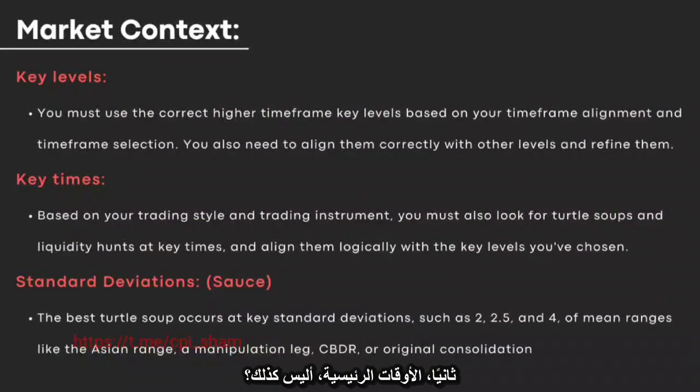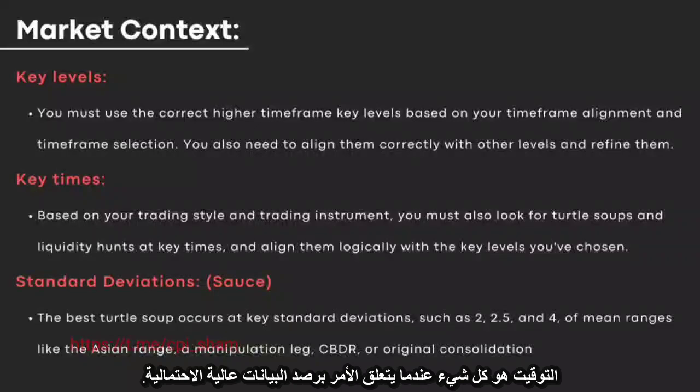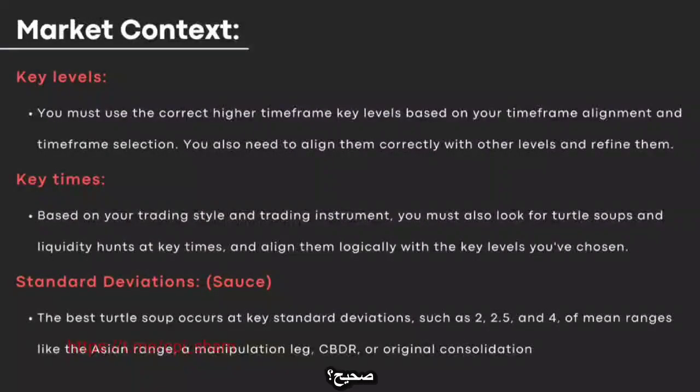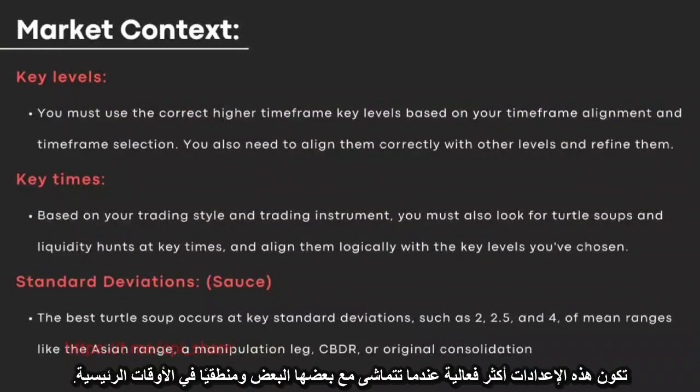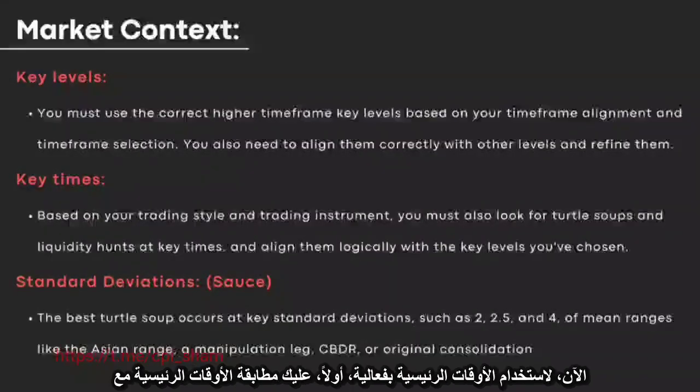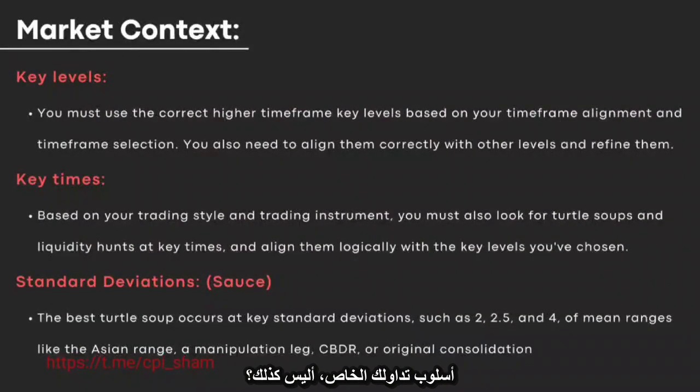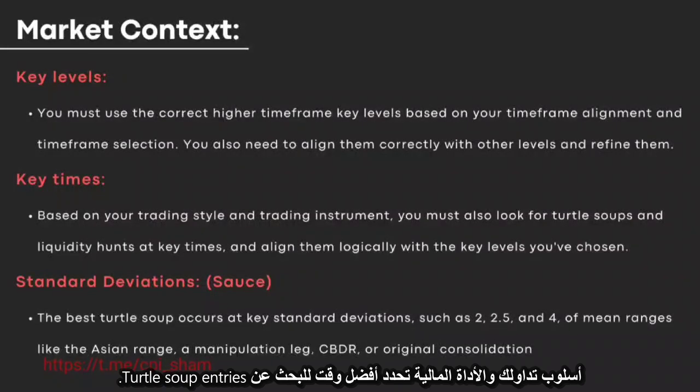Number two, key times, right? Now, timing is everything when it comes to spotting high probability turtle soup, right? And these setups are more effective when they align with each other logically at key times. Now, to use key times effectively, first of all, you're going to match key times to your own trading style, right? Your trading style and instrument determine the best time to look for turtle soup entries.